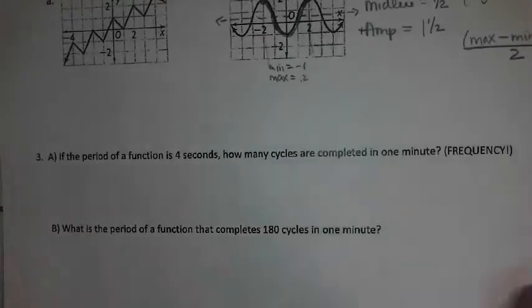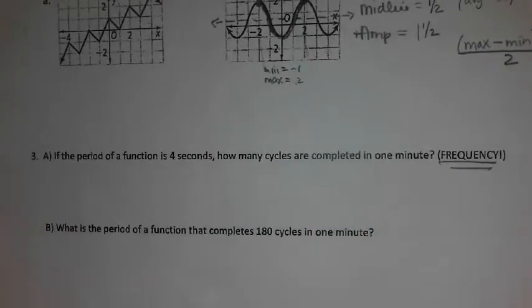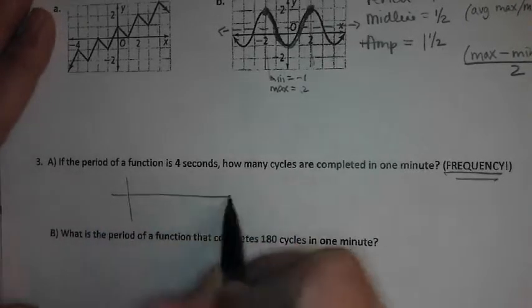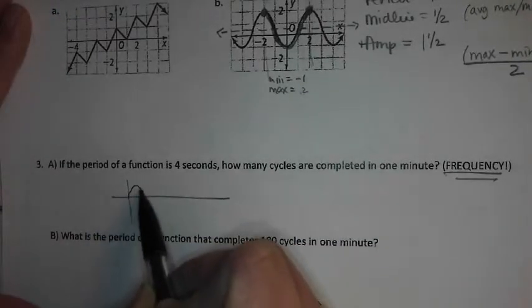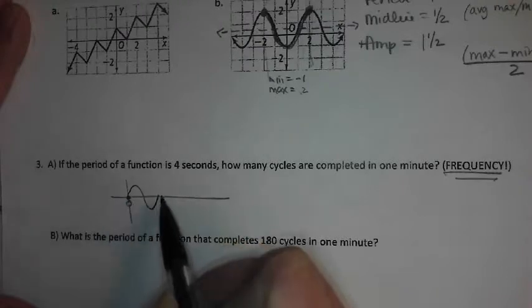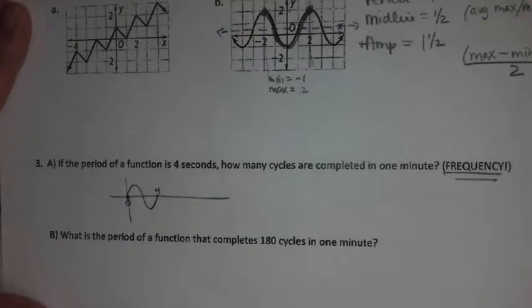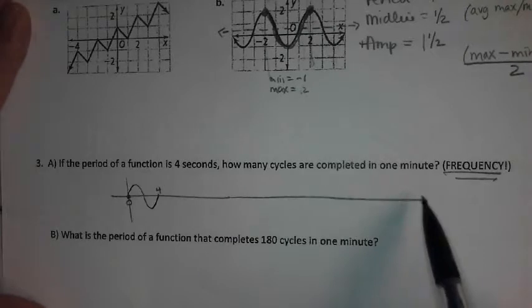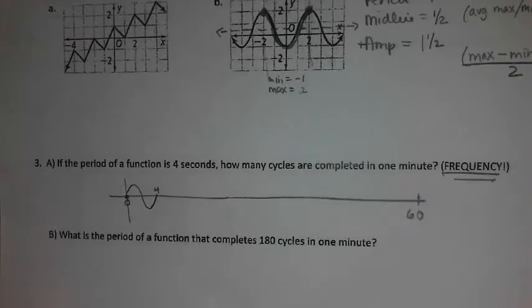Okay? This idea of frequency, here it is. If the period of a function is 4 seconds, that's the length of one cycle. Frequency is this idea of how many cycles we can fit in a certain amount of time. So if you knew that the period was 4 seconds, and I'm just going to do a 4-second sketch, how many of those am I going to fit in by the time I get to 60 seconds?